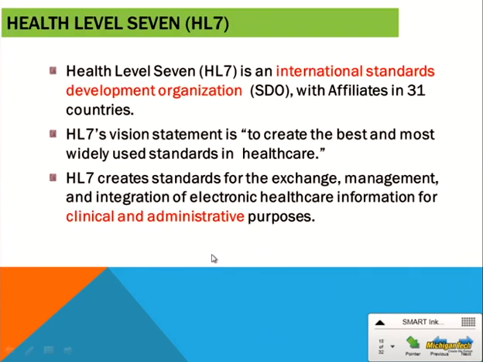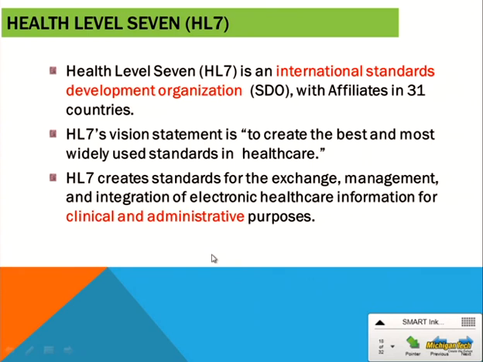Let's introduce the basic themes. For today, I will just introduce the basic idea. In the future, we will study the details. First is the organization, HL7. In fact, HL7 is an international standards developing organization.